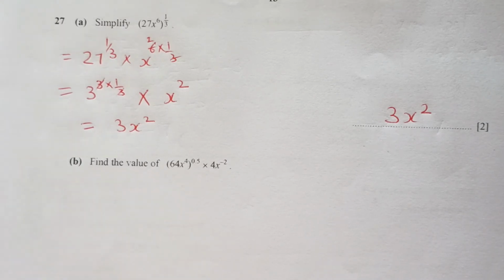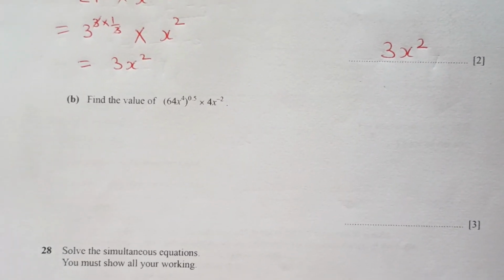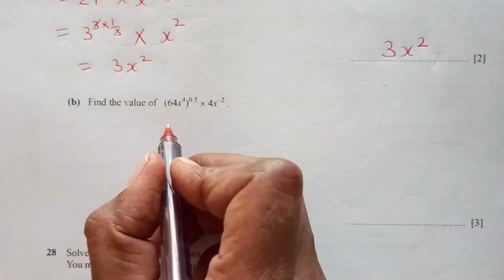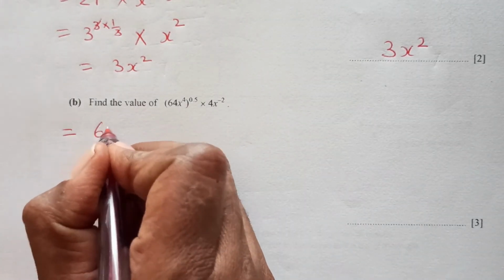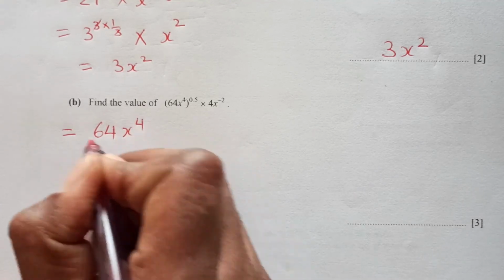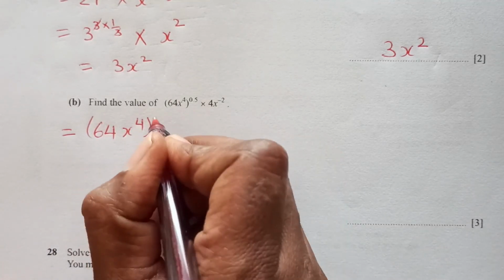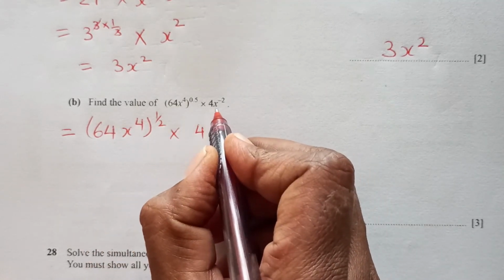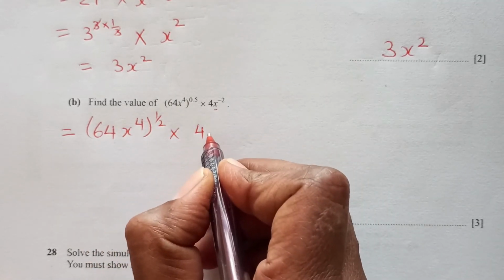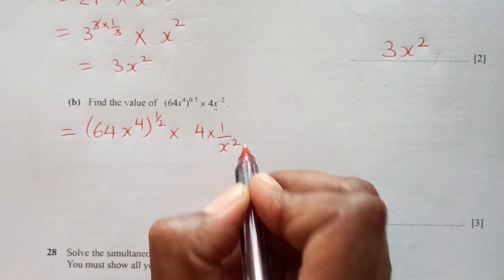So now the next one, find the value of this expression given here. We can do this step by step. Power 4, 0.5 is half, times 4, and x to the power negative 2 means times 1 over x squared.